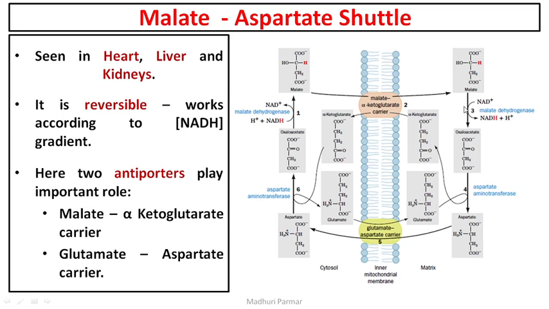Now, the difference is the presence of this amino group, right? NH3 plus. Who is donating this amino group? Glutamate, another amino acid. Glutamate is the same as aspartate except it has one more CH2 in its R group.